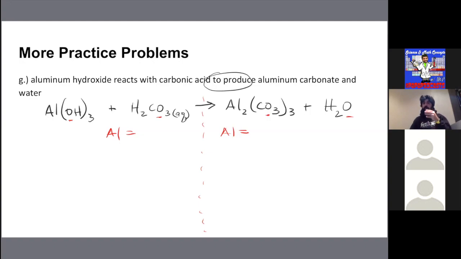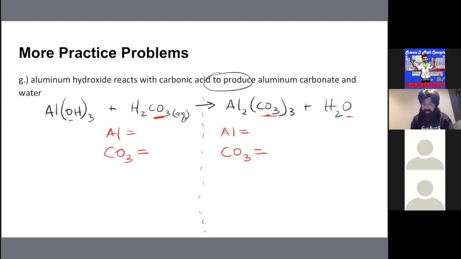So it's important to be able to identify your polyatomics, because you want to see whether the polyatomic appears on both sides. Here's an example. Carbonate, CO3, appears on both sides as CO3. So instead of separating the C's and the O's, we clump them together.